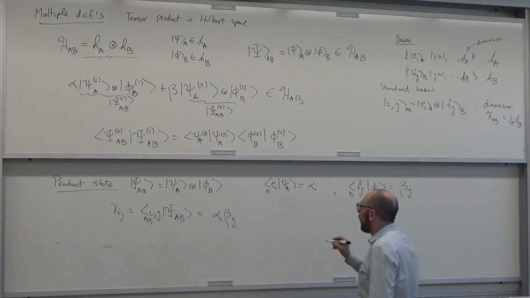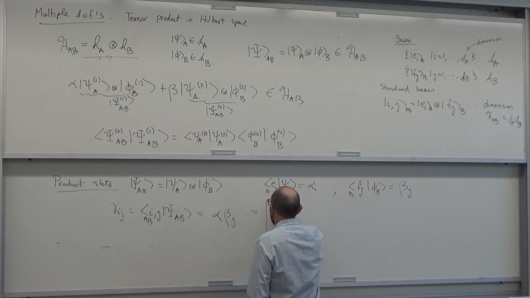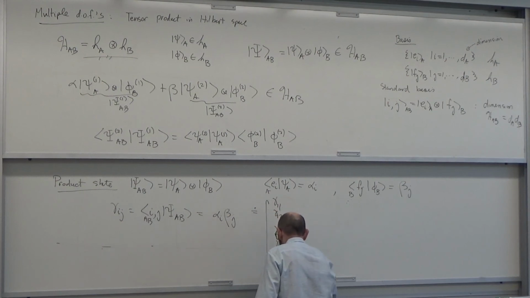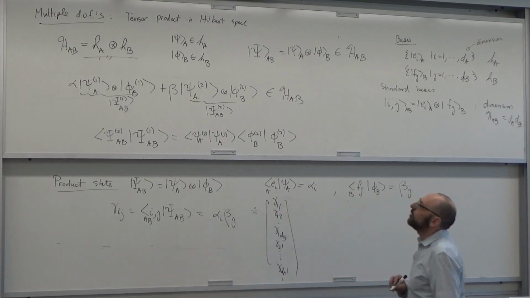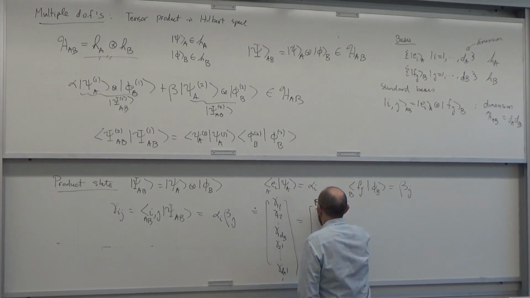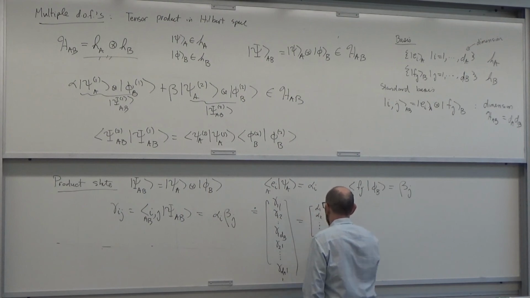And we typically order them as such. We write this as a column vector, where we write the first index and then dot, dot, dot, up to dimension B, and then 2, 1, dot, dot, dot, and then eventually dA, 1, dot, dot, dot. That's the standard order. So this, as a matrix operation, is the tensor product of these two column vectors.